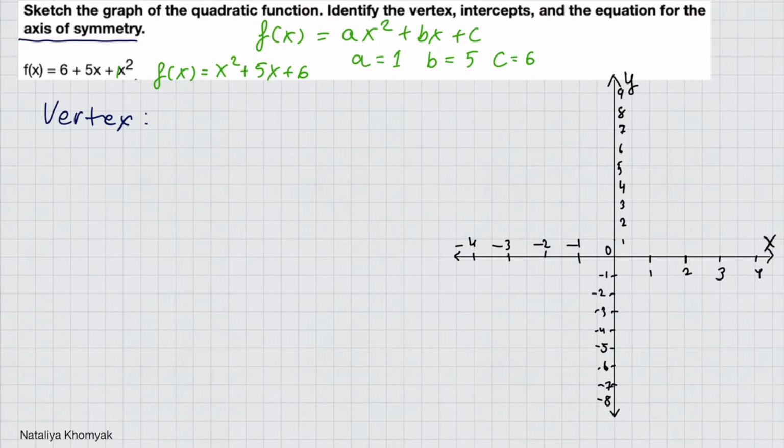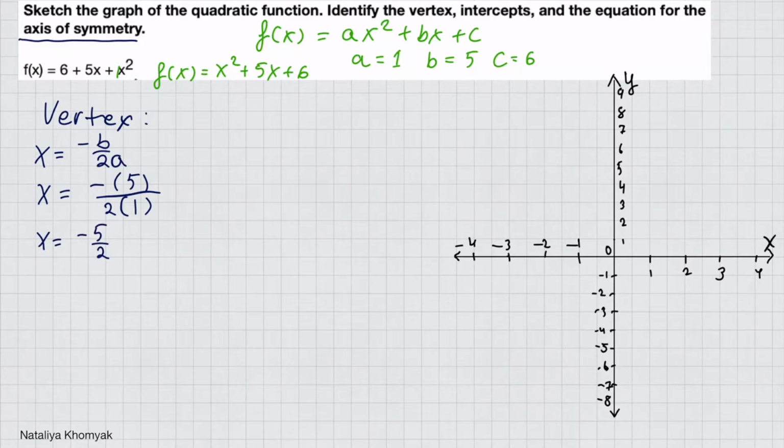The vertex is always at x equals negative b divided by 2a, which is also the equation of the axis of symmetry. So we have x equals negative of b, which is 5, over 2 times a, which is 1. So the equation of the axis of symmetry is negative 5 over 2.